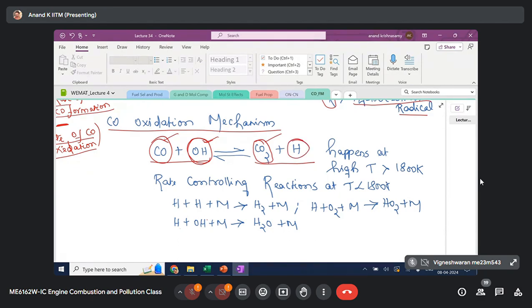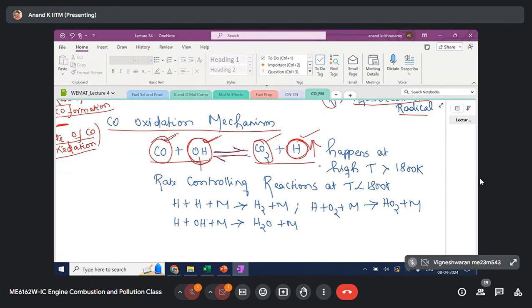This reaction can take place in the forward direction or in the reverse direction, as indicated here, depending on the concentration of OH radical and H radical. So for the reverse reaction to happen, you need to have a considerably high proportion of H radical. If you have a considerably high proportion of H radical, then the reverse reaction will take place, forming CO, which is undesirable.